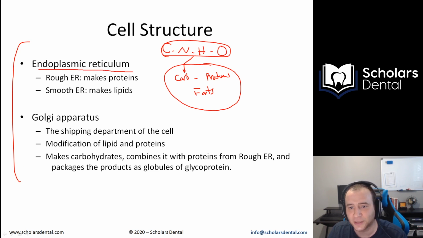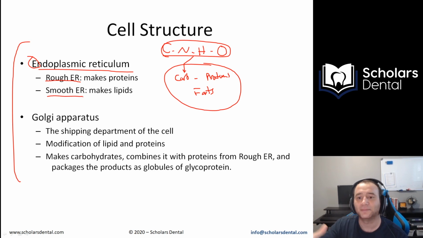So you have the endoplasmic reticulum, or the ER. You have a rough ER and a smooth ER. Our cell has the ability to make proteins and make fats from specific chemicals and nutrients. So the rough ER makes proteins and the smooth ER makes fats. Easy, right?